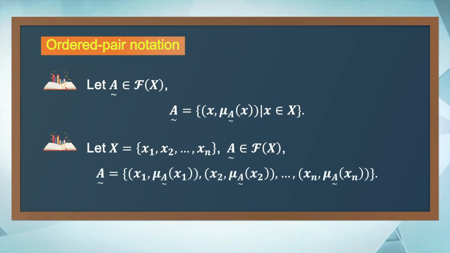Fuzzy set A equals the collection of ordered pairs (x1, mu sub A of x1), (x2, mu sub A of x2), all the way up to (xm, mu sub A of xm). If there is an element such that its degree of membership is 0, as in the case of Jardine notation, then the corresponding term could be omitted.